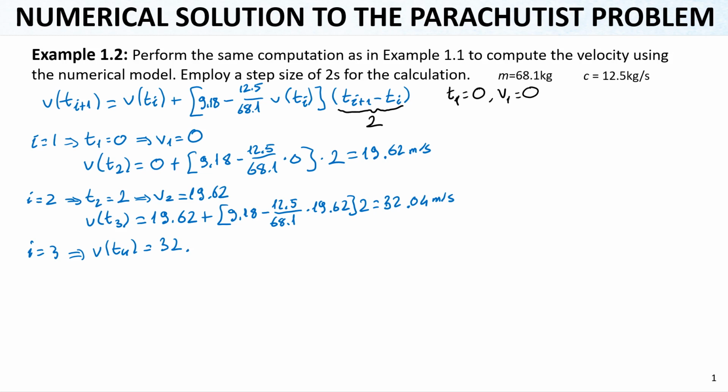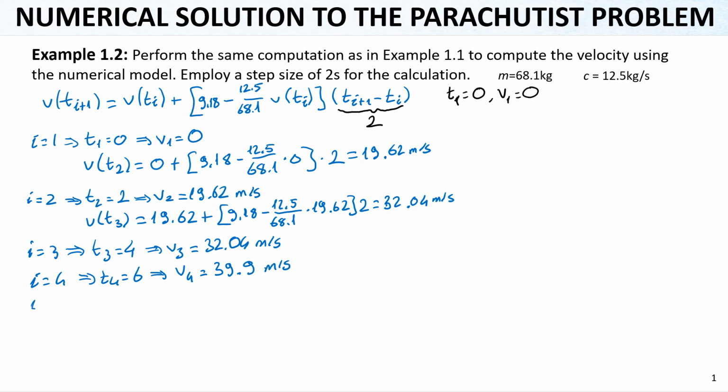If i equals 3, t3 is 4, v3 is 32.04 meter per second. i equals 4, t4 is 6, v4 is 39.9 if we use the same numerical equation, meter per second.